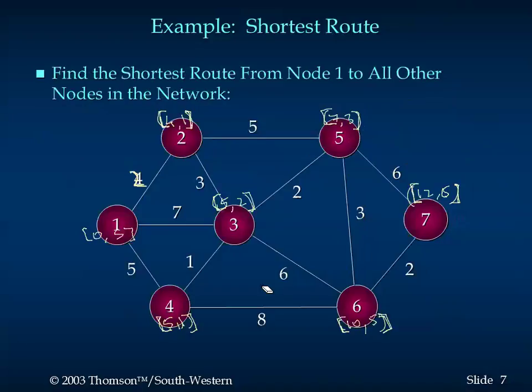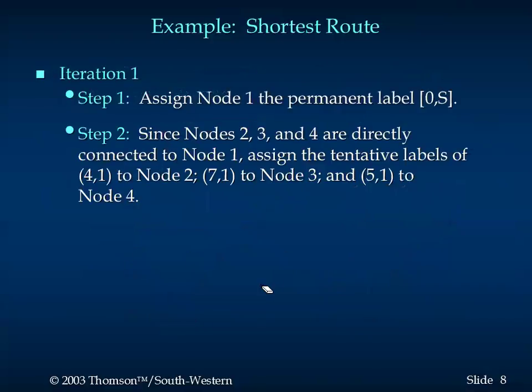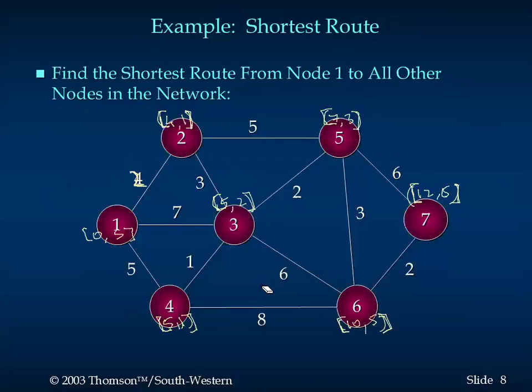So to start with, we label 0, S here. The first step, we put 0, S, and then we get temporary labels of 4, 1, 7, 1, and 5, 1.